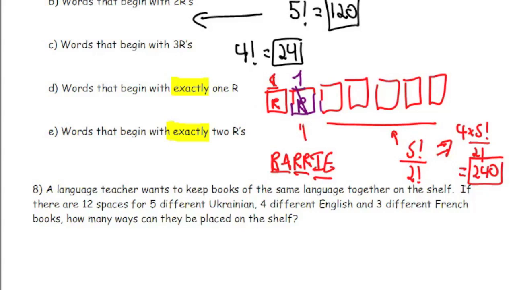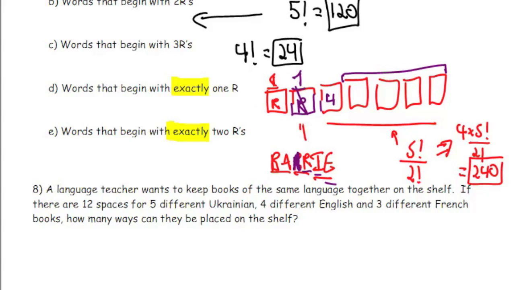Looking at E now, hopefully this makes a lot more sense. Instead of having a possibility of 4 in the second box, now we're saying, well, we just want an r in there too, and there's only one way that we can arrange an r, or one object to choose from that way. And in the third box, if we get rid of the r, we can't have an r in the third because it says we have to have exactly 2 r's.